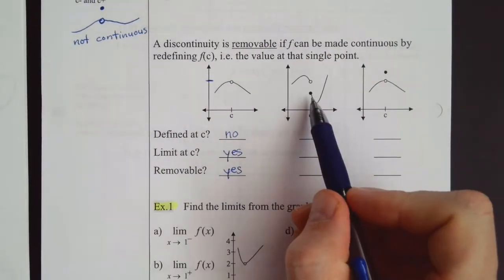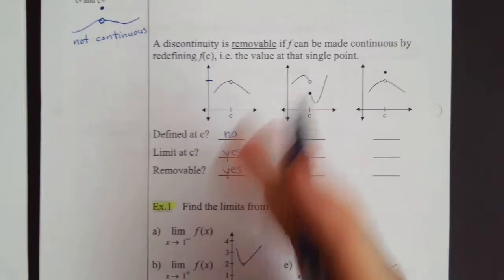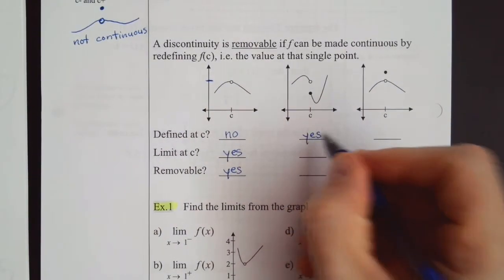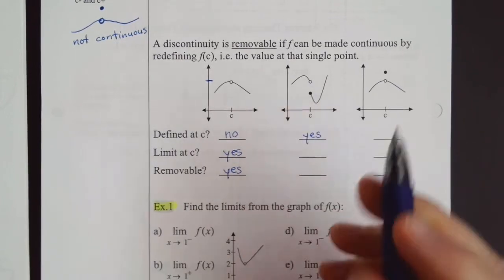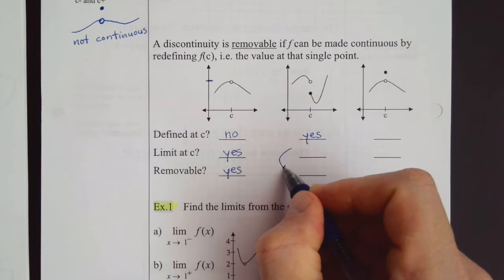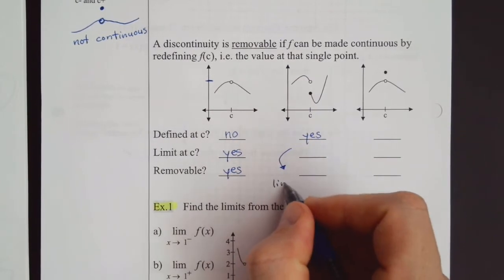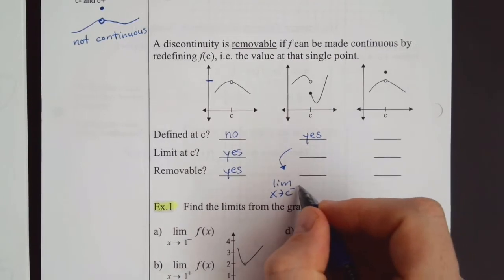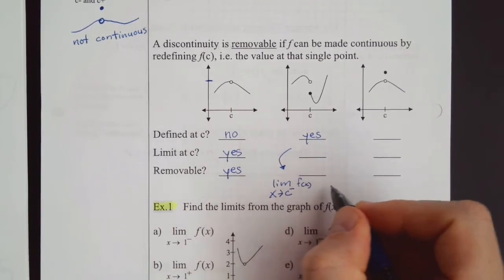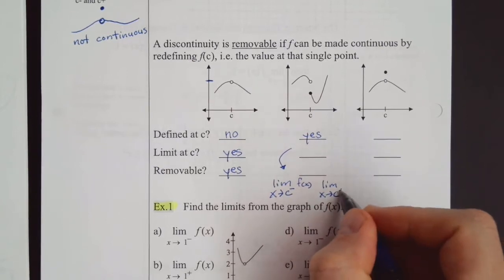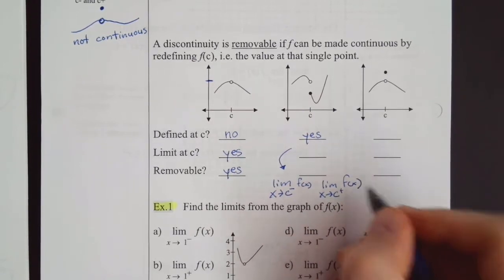All right, is the function defined at C? Again, pause, answer. So, yes, there's a value at C right there. Does the limit exist at C? Okay, well, for the limit to exist, the limit as x approaches C from the left of the function has to equal the limit as x approaches C from the right of the function.